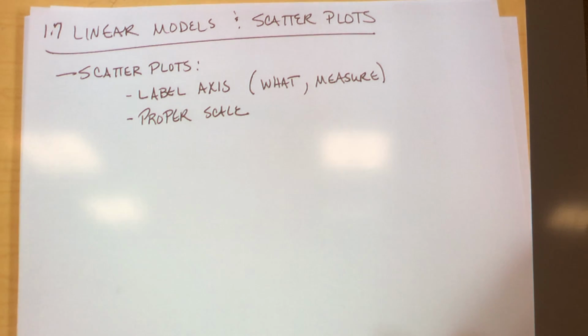So if my numbers go from 250 to 25,000, please do not start at 0 and go by ones. That is not a proper scale. Can I change what I go by as I go along? No. Like between the first 2 tick marks, can I go by 5s, and then they spread out a little more, so now I'm going to go by 10s? No.